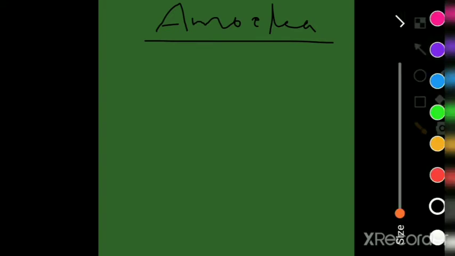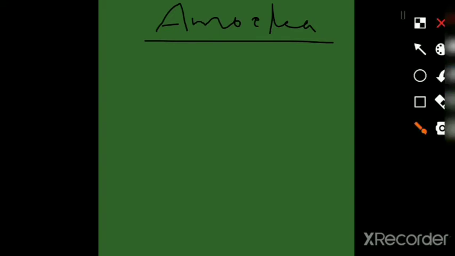In unicellular organisms, like amoeba, amoeba is a unicellular organism. They are made up of only one cell.